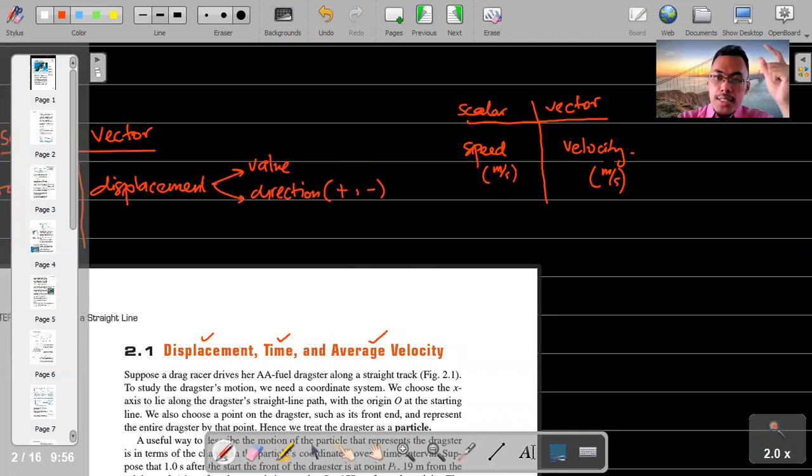But by the definition of scalar or vector, the speed only has a value, and the velocity, because of its vector characteristic, has not only value but also direction.